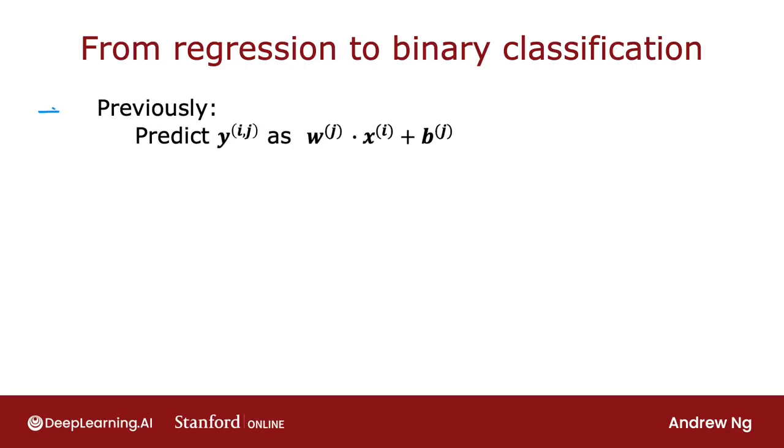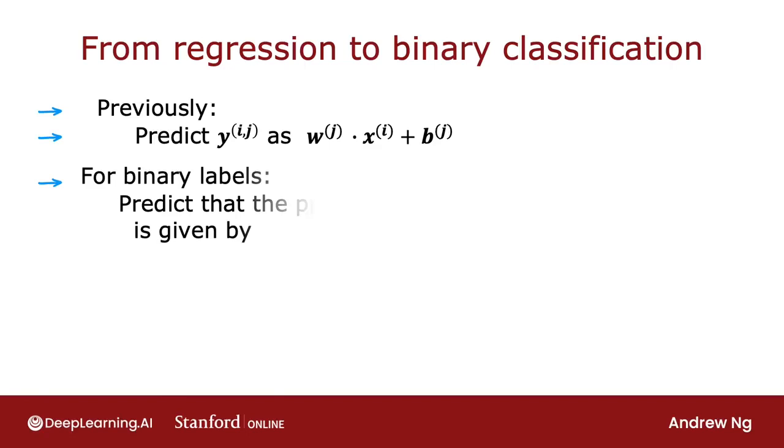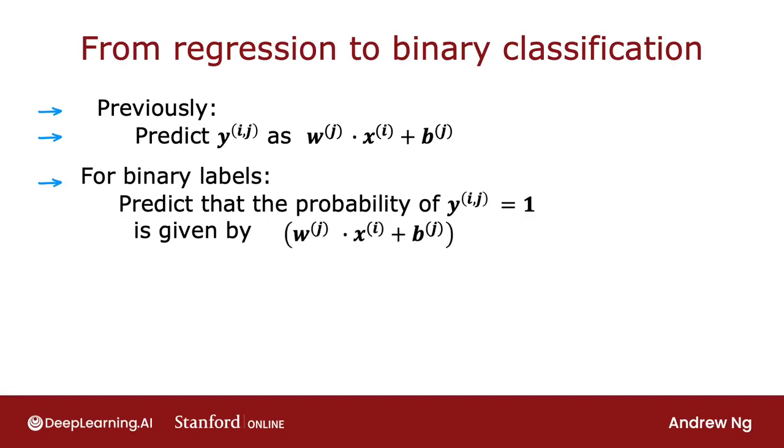Previously, we were predicting label Yij as Wj dot product Xi plus B. So this was a lot like a linear regression model. For binary labels, we're going to predict that the probability of Yij being equal to 1 is given by not Wj dot Xi plus B, but instead by g of this formula, where now g of z is 1 over 1 plus e to the negative z.